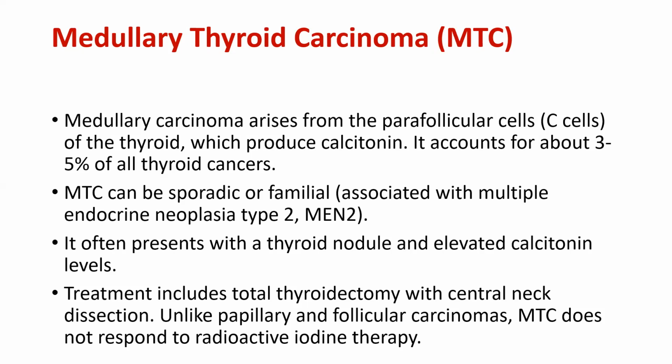It can be sporadic or familial, and usually it presents with thyroid nodule and elevation of calcitonin. So remember, these parafollicular cells are the ones secreting calcitonin. How do we treat them? By doing thyroidectomy with central neck dissection. But unfortunately, these don't respond to radioactive iodine, compared to the papillary and the follicular.